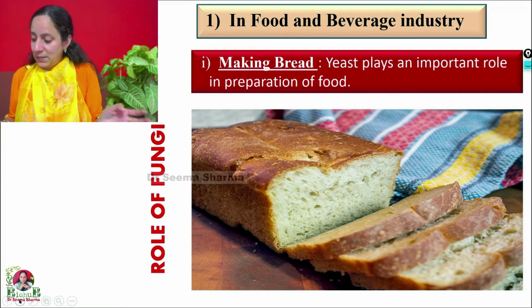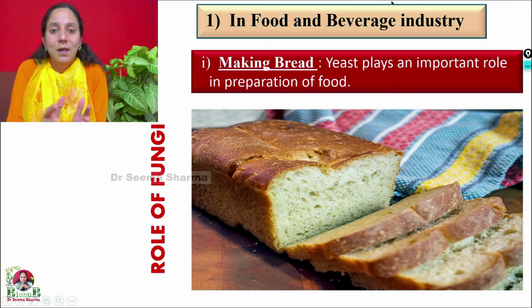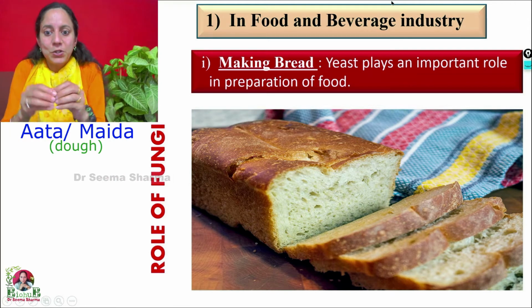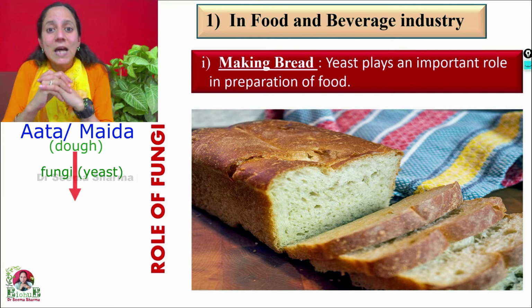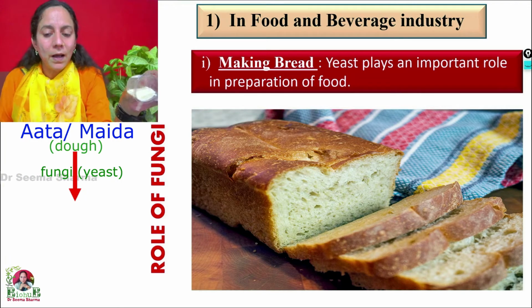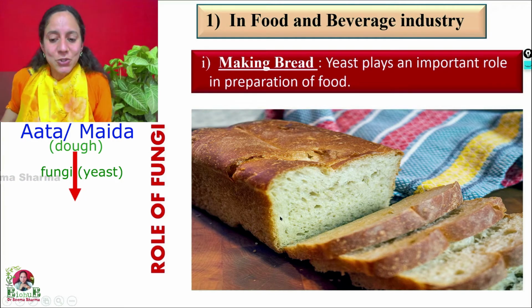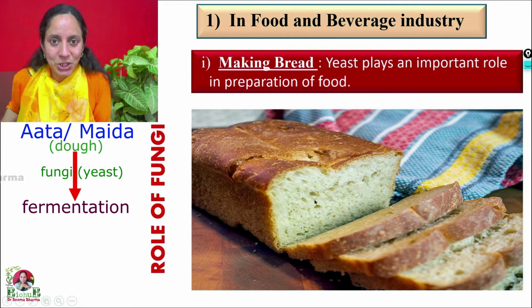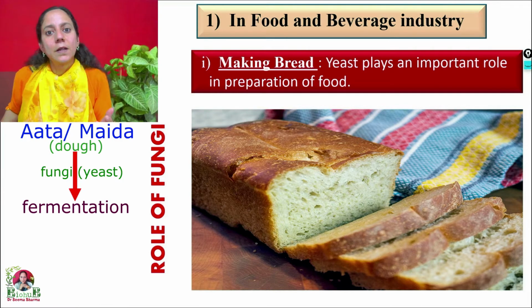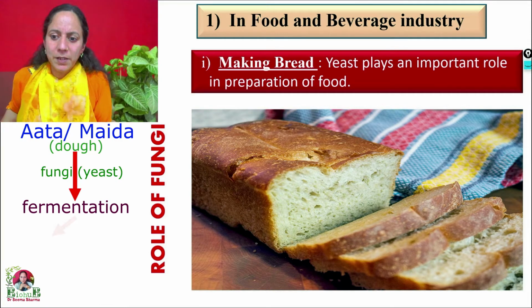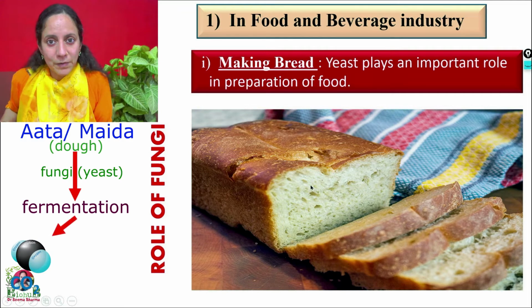While making bread, we are using atta or maida. We are putting this fungus, which is actually a yeast, and this leads to the fermentation of the dough. It ferments the sugar and there will be evolution of carbon dioxide and production of alcohol.